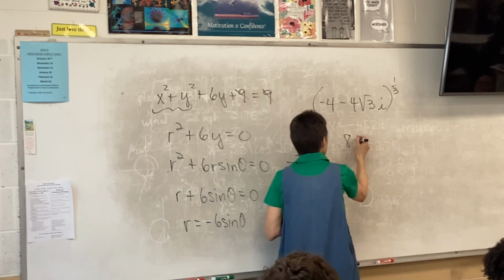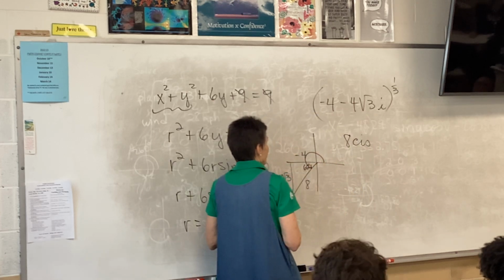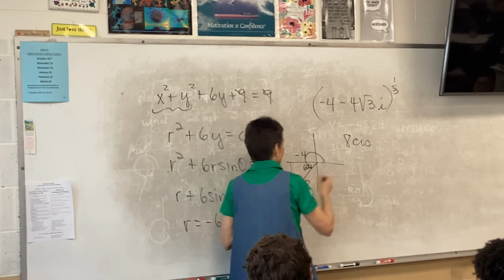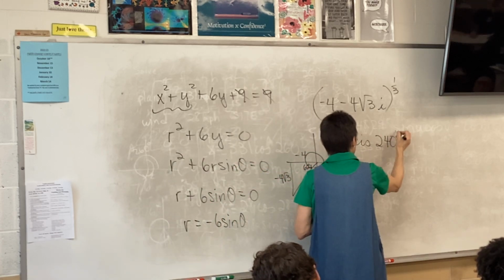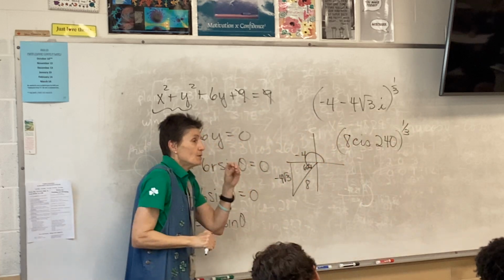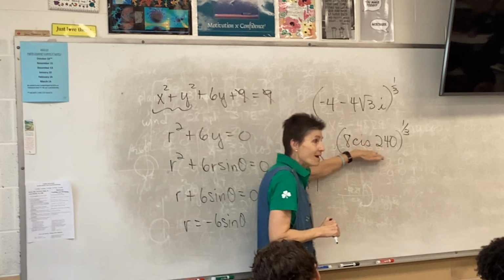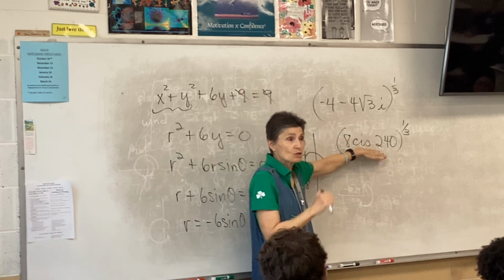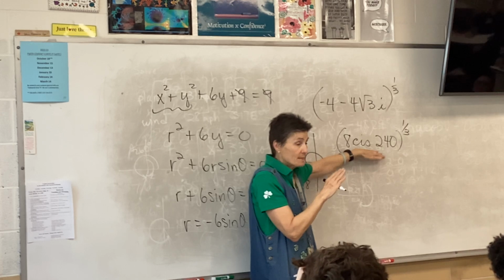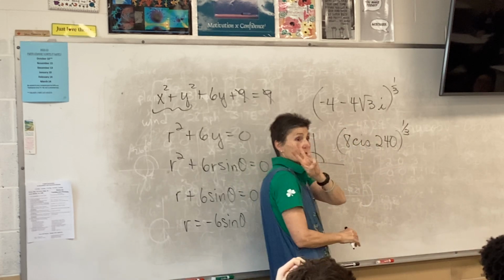So, this is 8 CIS what? What is my angle in standard position? 240. And that is the number that we're going to cube root. You guys, you've got to remember that this is not an answer. This is the problem. Now we're going to cube root it and get the answer. 3 of them.